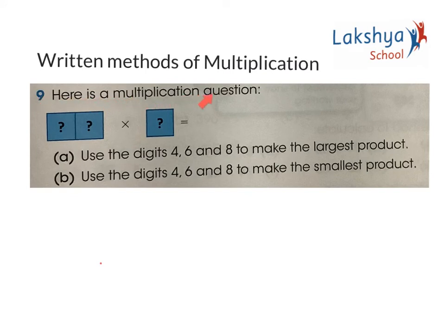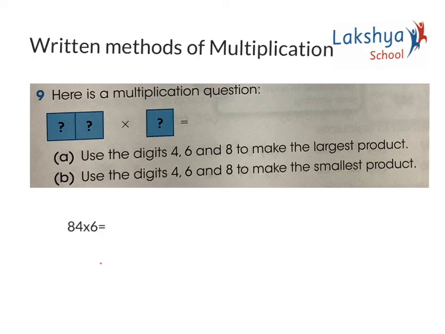Question 9. Here is a multiplication question. Use the digits 4, 6 and 8 to make the largest product. Now let me take 84 multiplied by 6, which gives me 504, because 8 is a bigger number. Next I multiply 86 by 4. I get 344.